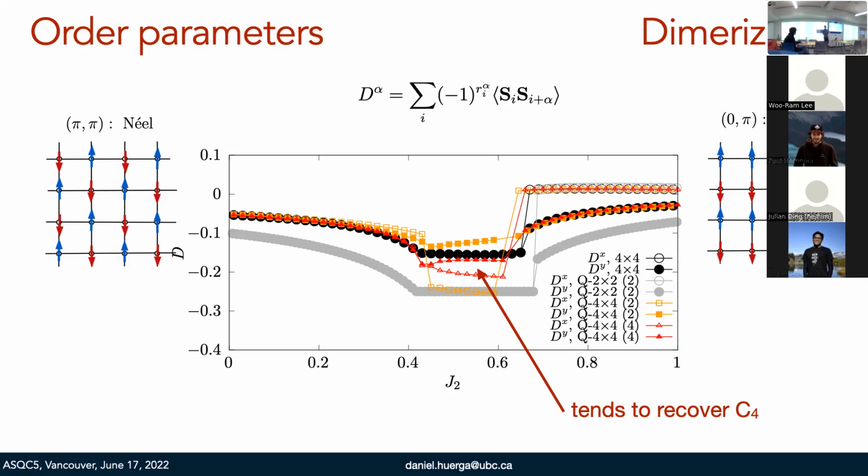So it is possible that one only recovers C4 in the infinite limit, because we are using 2 qubit gates. So it is natural that this ansatz is indeed breaking C4 symmetry, although we are playing this game of trying to recover it. Yes, but you're getting closer if you have more.